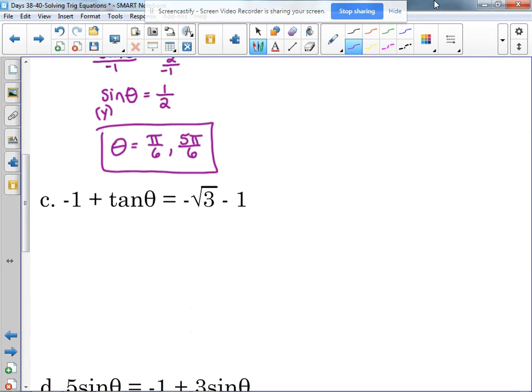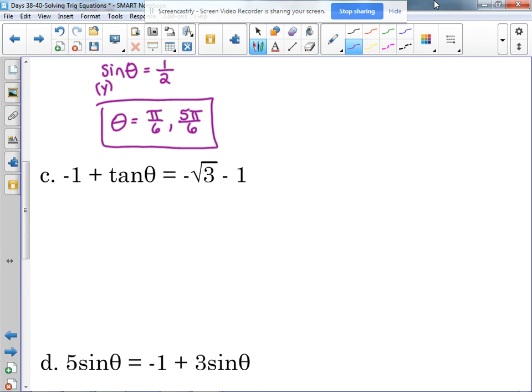Okay, let's do one with tangent. -1 plus tangent of theta is equal to -√3 minus 1. So again, trig function, not by itself. Start by isolating it.